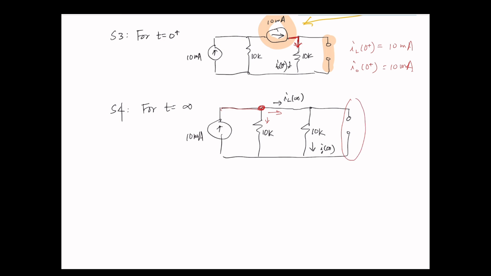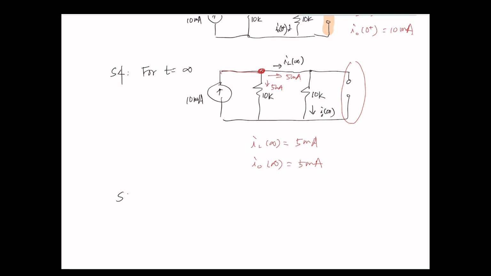The resistance values are 10K and 10K, they're the same, so the current is going to split evenly. That means 5 milliamp going down, 5 milliamp going that way. That means I sub L infinity is going to be 5 milliamp, and I sub 0 infinity also 5 milliamp.